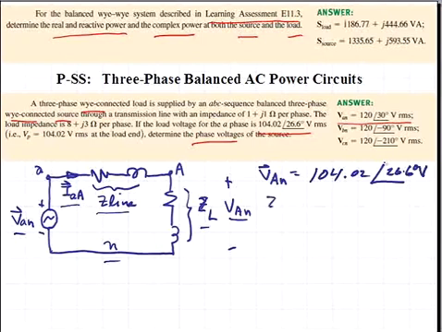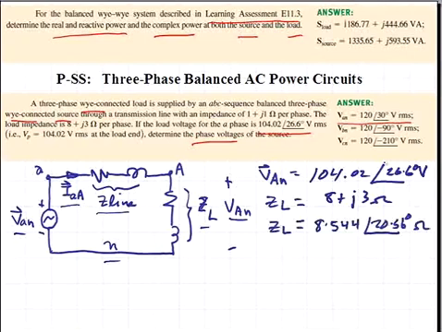We have the load impedance Z sub L is equal to 8 plus j3 ohms, which is equal in polar form to 8.544 at an angle of 20.56 degrees ohms.